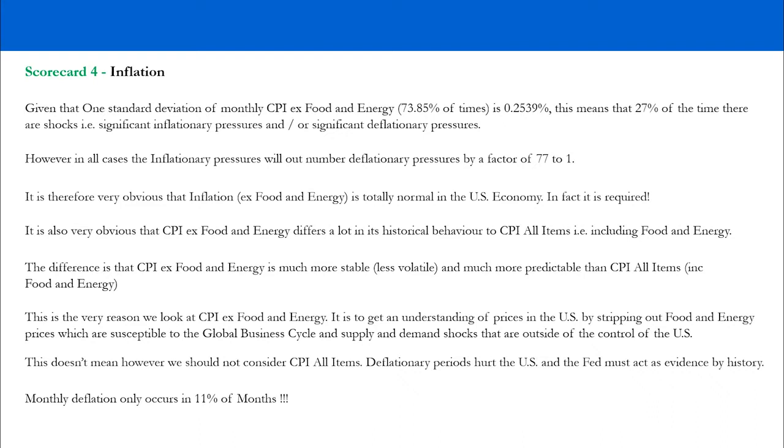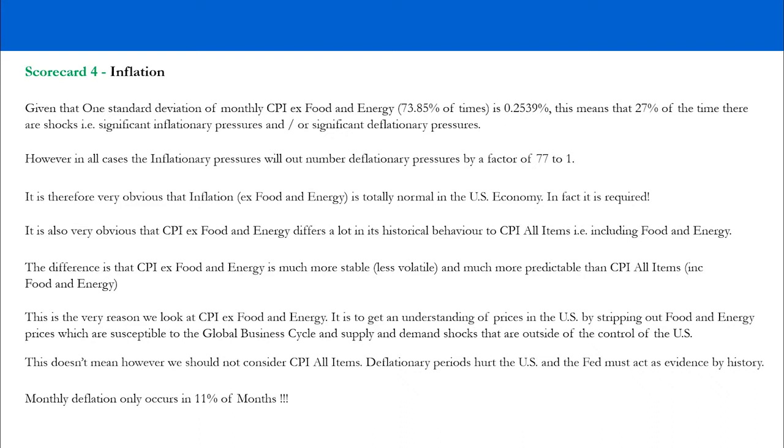It's also really obvious that ex-food and energy stats differ a lot in their historical behavior to the CPI all items stats, so including food and energy. The difference is that CPI ex food and energy is much more stable, so less volatile and much more predictable. And this is the very reason why we look at CPI ex food and energy.